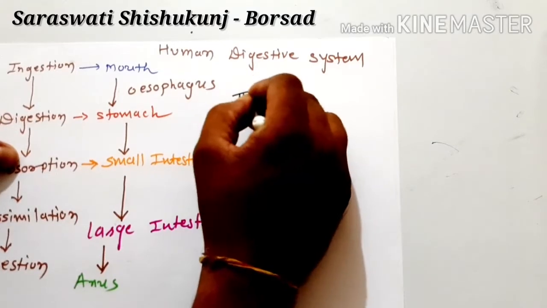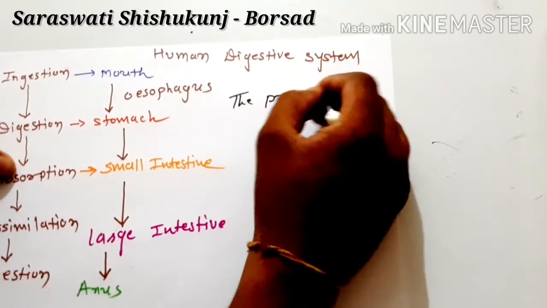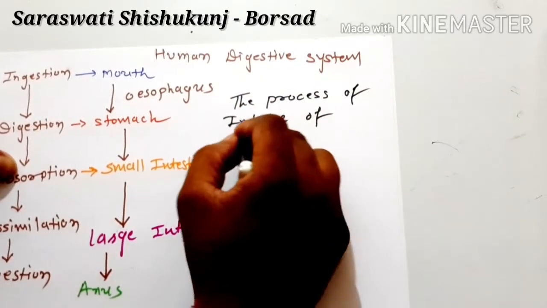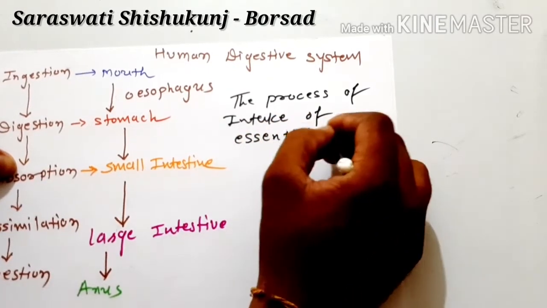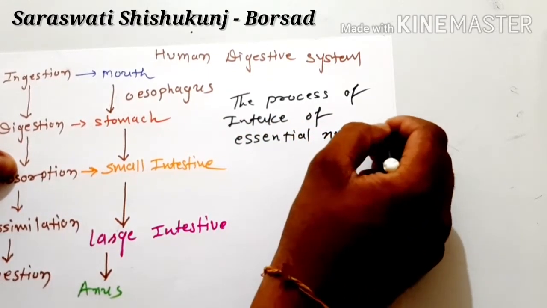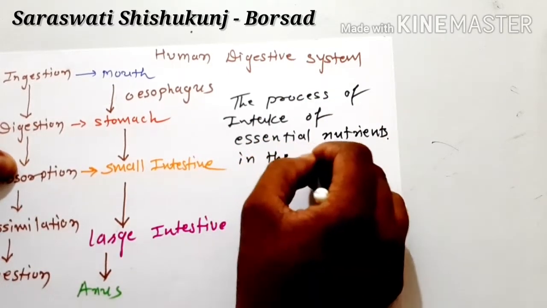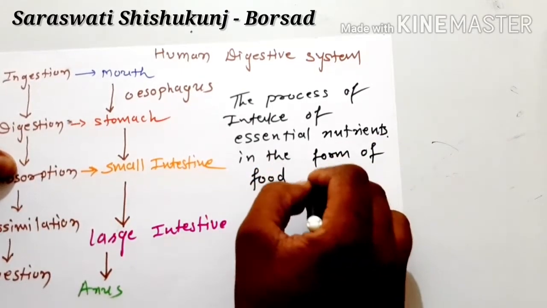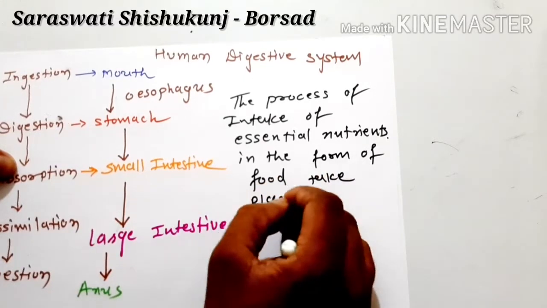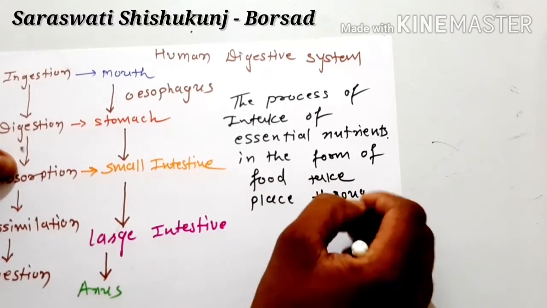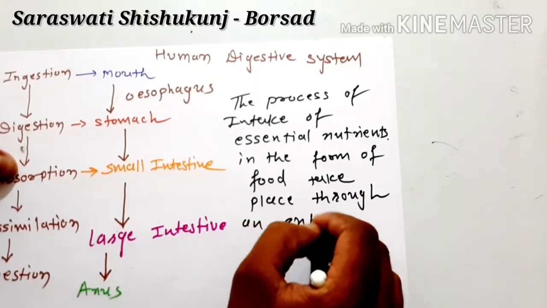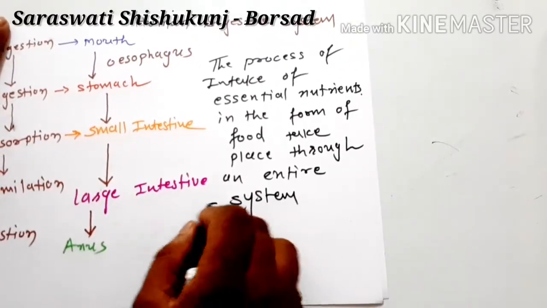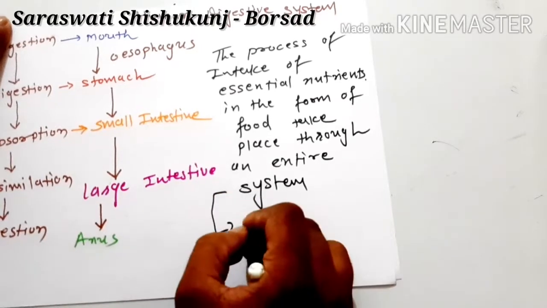So if we want to write what is called the digestive system, we can say like this: the process of intake of essential nutrients in the form of food takes place through an entire system, and that system is called our digestive system.